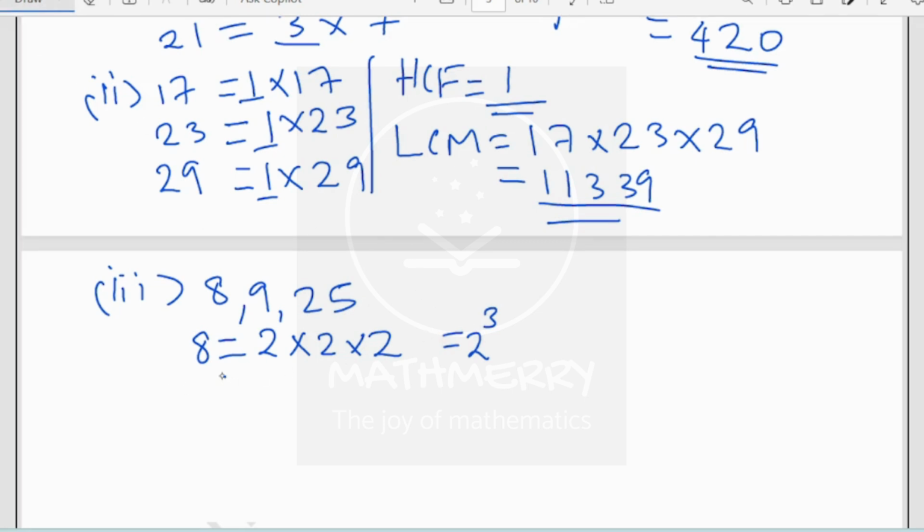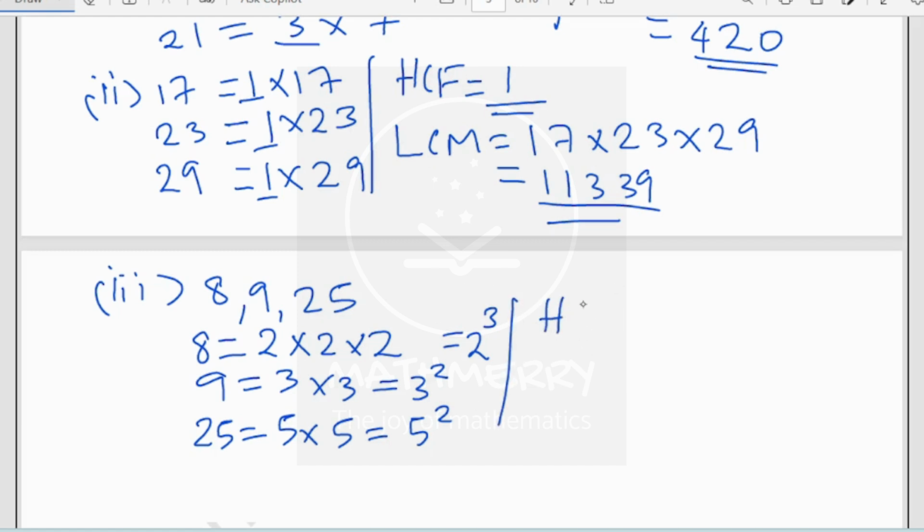Now 9 we can write as 3 into 3, so it's 3 square. And 25 again we can write as 5 into 5, which is 5 square. So there are no common factors here. If there are no other factors, the only common factor is 1. So HCF is equal to 1.